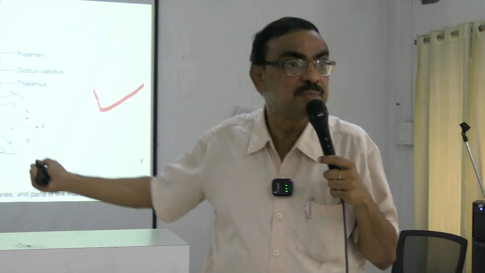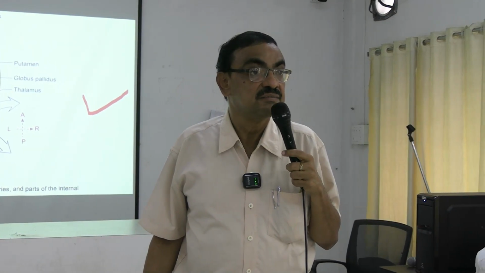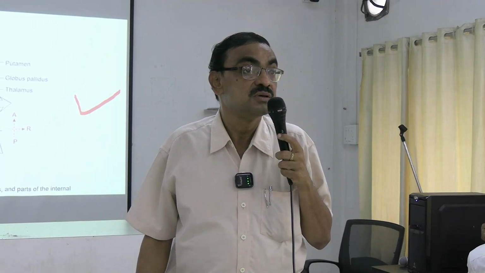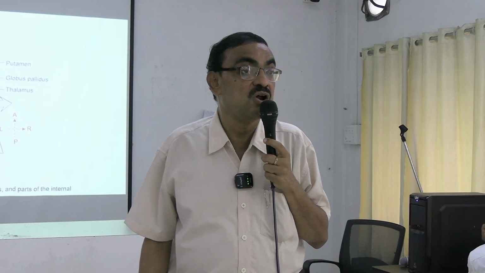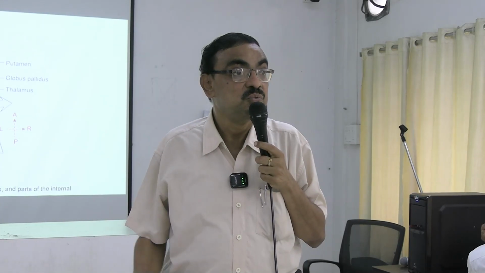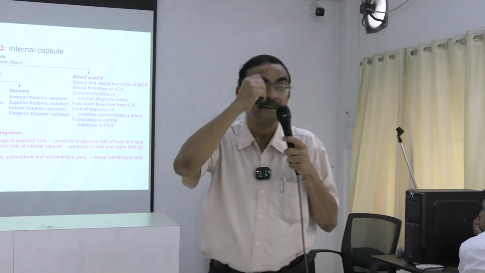I will show you the blood supply. There is the middle cerebral artery, and the middle cerebral artery has central branches and cortical branches, which pass to the cortex, and some pass to the center part of the brain.